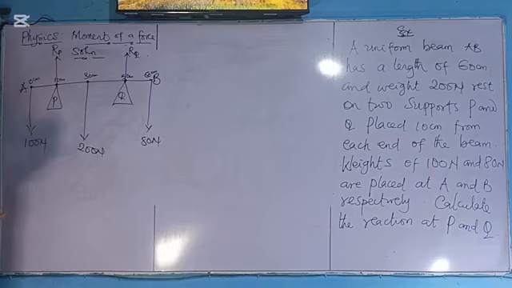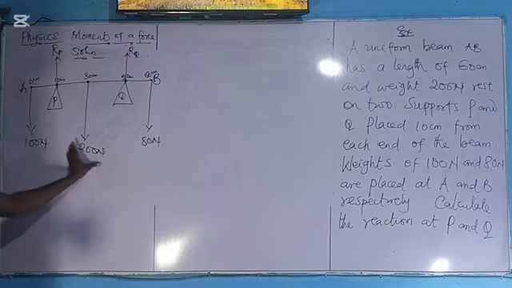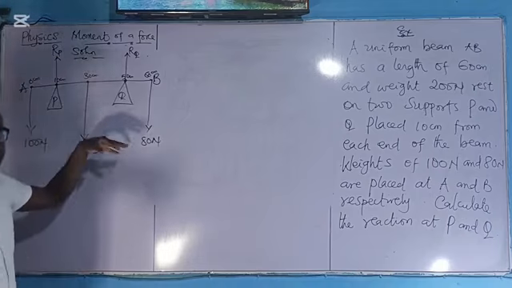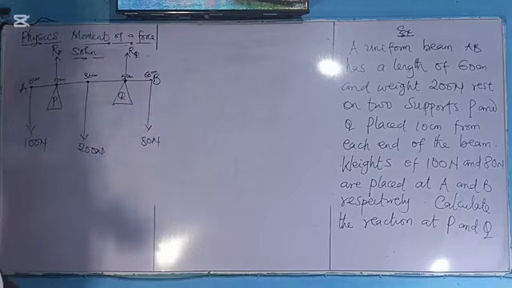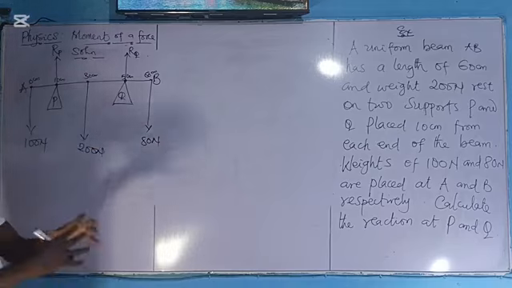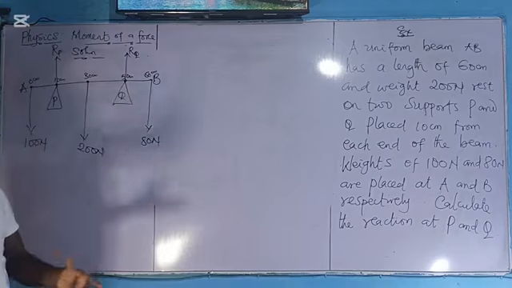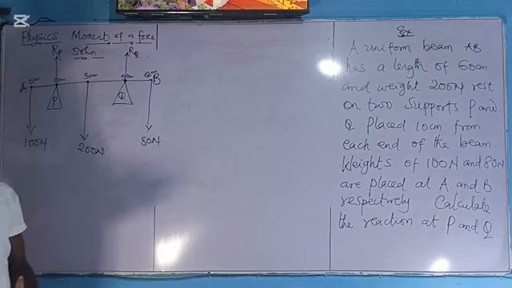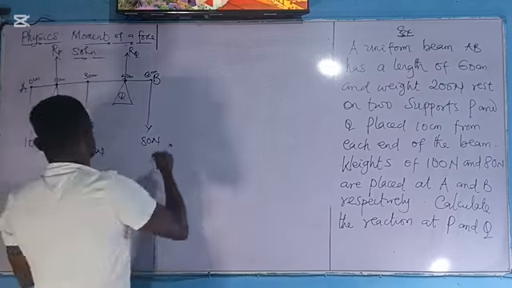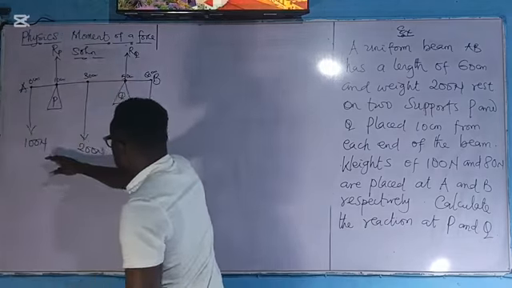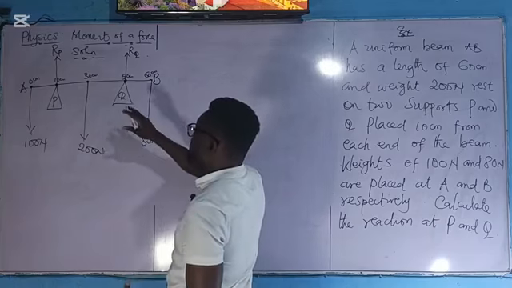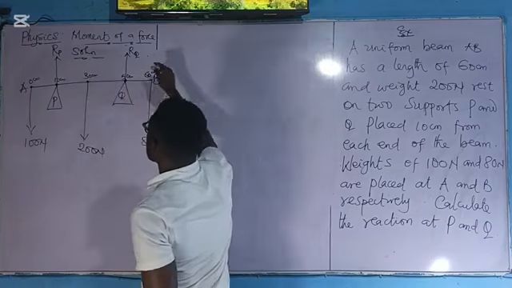Now we have the reactions as the upward forces, while we have 100 Newton, 200 Newton, and 80 Newton as the downward forces. Now, the downward forces, if you sum them up, must be equal to all the what? Upward forces, because action and reaction are equal and opposite. So the actions, which we have 100 plus 200 plus 80, must be equal to RP plus RQ.